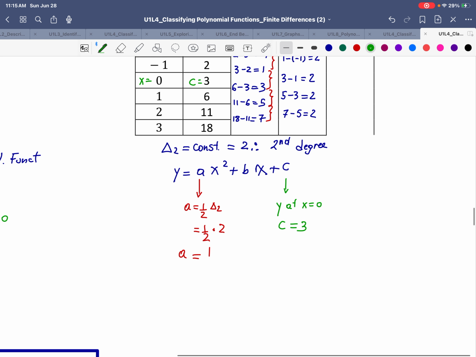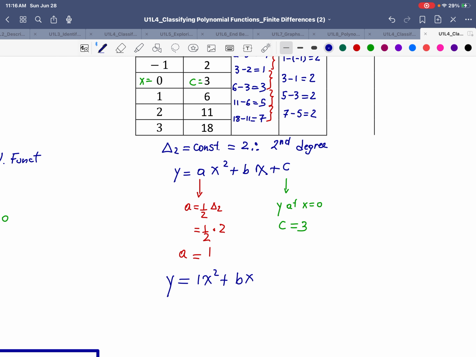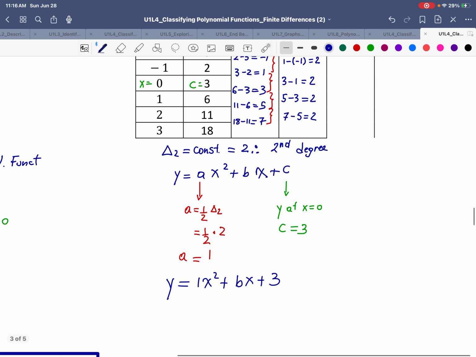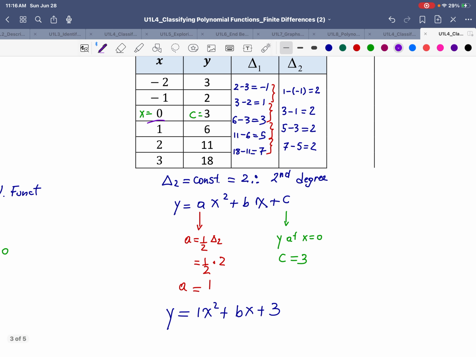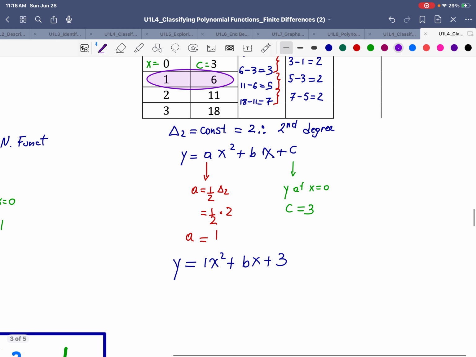We're going to write our equation with the coefficients we have discovered already: 1x squared plus bx plus 3. We need to find the value of b, which we don't know yet, but we have our good friend here, 1 and 6, this ordered pair where x equals 1, that we're going to use to find the value of b.